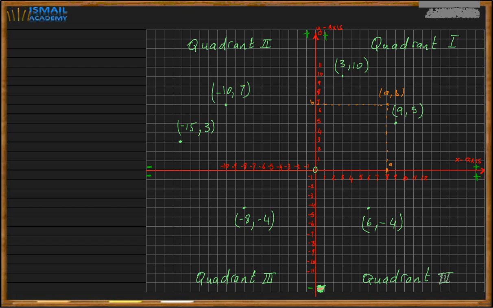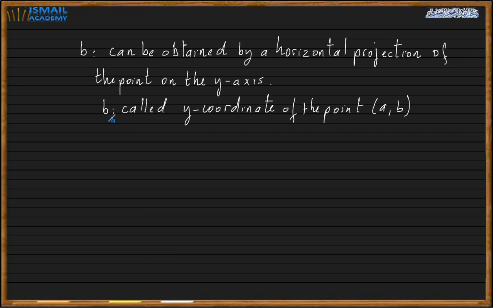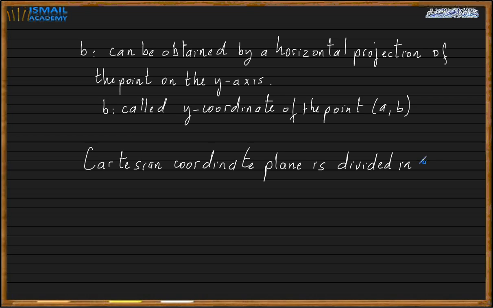So let's put what we just said. The Cartesian coordinate plane is divided into 4 areas called quadrants.